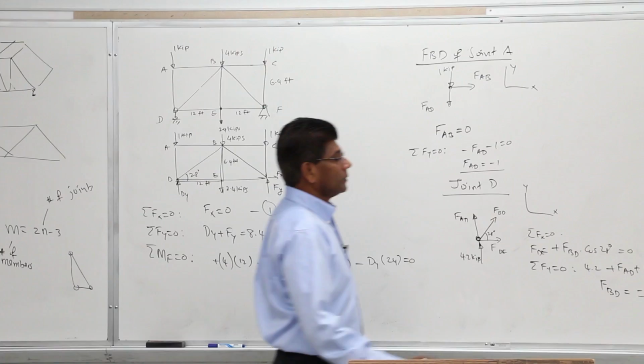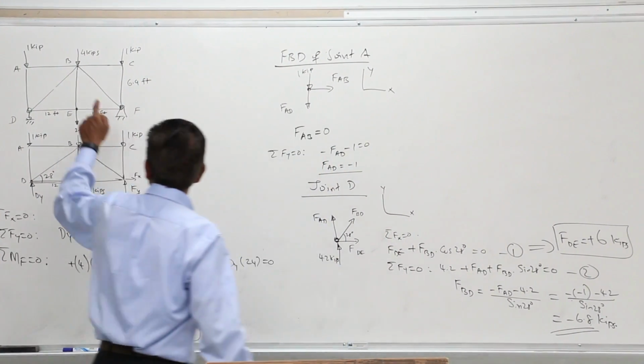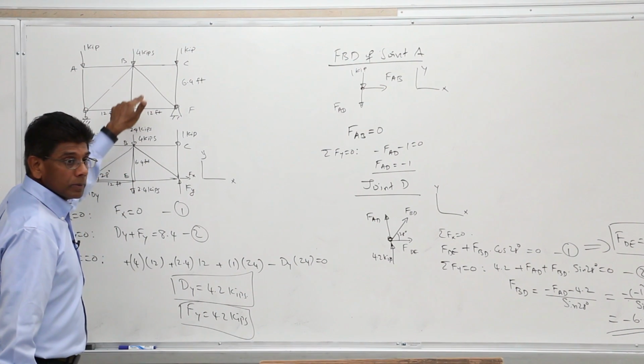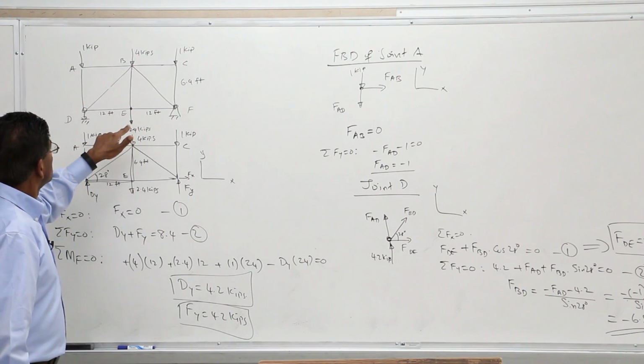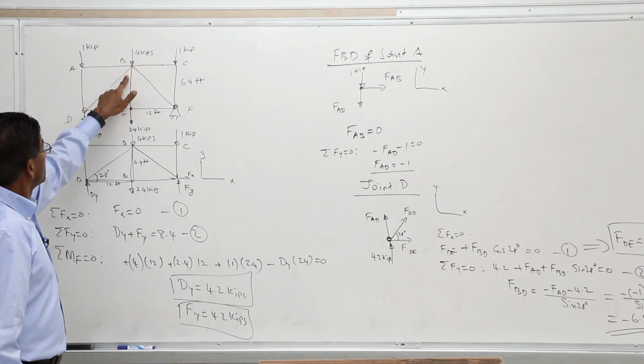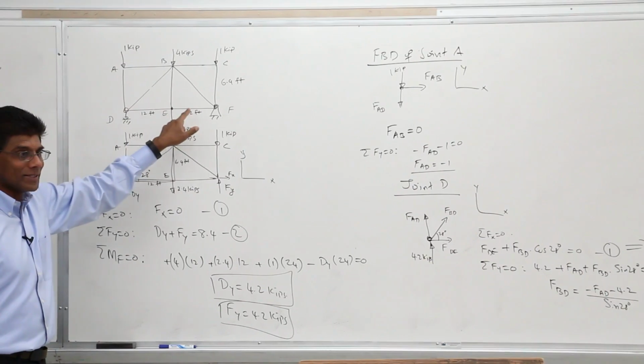How do I solve for that? I need to solve for this member. You could do B. I would like to make an easier thing. So joint E will be easier, right?